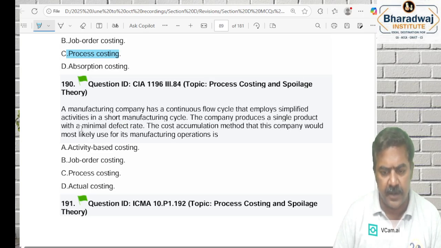Single product with a minimal defect rate, continuous flow cycle. Job costing is based on the instruction given by the customer. There's a continuous flow cycle, simple. This will be also which one? Process costing.